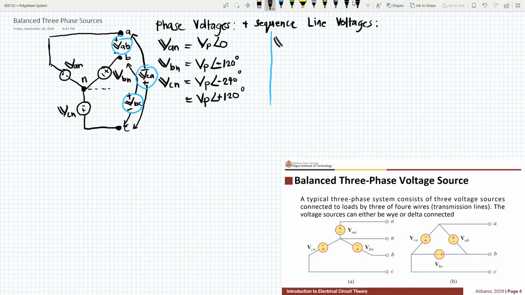So we have VAB, VBC, and VCA. What are the values of these line voltages? If you take a look at this loop 1, we have VAB, which is equivalent to VAN minus VBN.